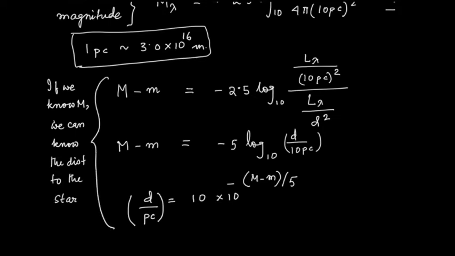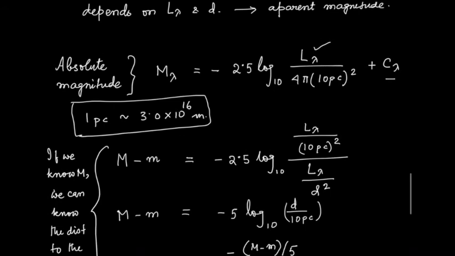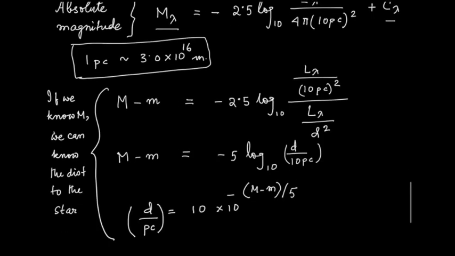Okay, now there are objects which have known luminosity, and if you know the luminosity of the object, obviously you will be able to figure out its absolute magnitude. So they have known absolute magnitude, then you can figure out their distance.